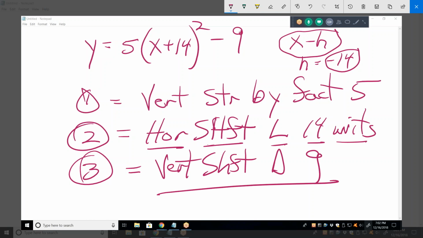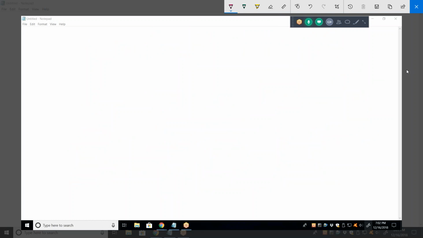And again, shifts don't change the shape of the graph. Stretches and shrinks do. Reflections don't really either. Think about it. They might turn it upside down, but they don't change the shape really.